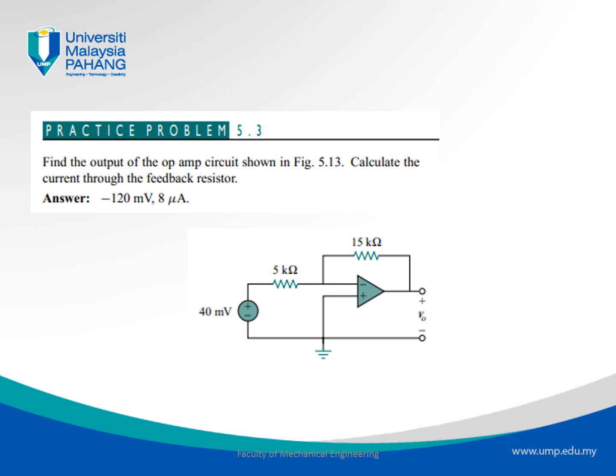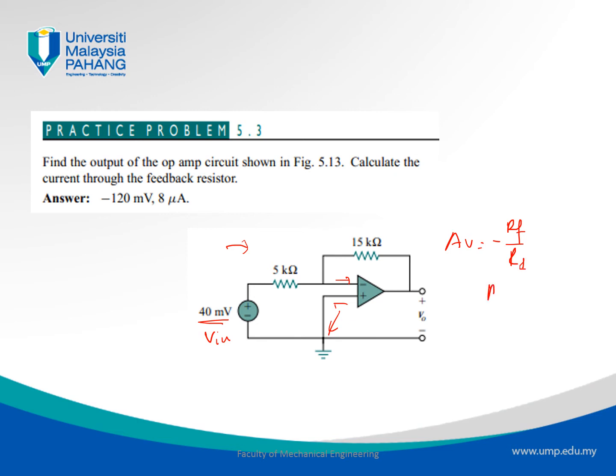If I want to give a quick look into it, we can already guess what kind of operational amplifier it is, because we have our V in of 40 millivolts put into the inverting terminal, and the non-inverting terminal is connected to the ground, so we would have a gain of minus RF over R1.